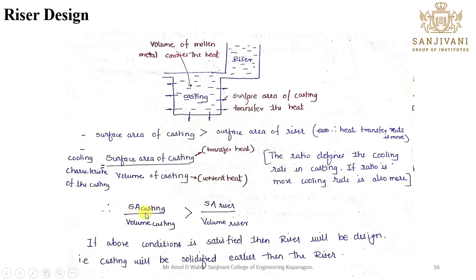So the ratio of surface area to volume of the casting should be greater than the surface area to volume ratio of the riser. If this condition is satisfied, then the riser is designed according to our condition, that is, the casting will solidify earlier than the riser.